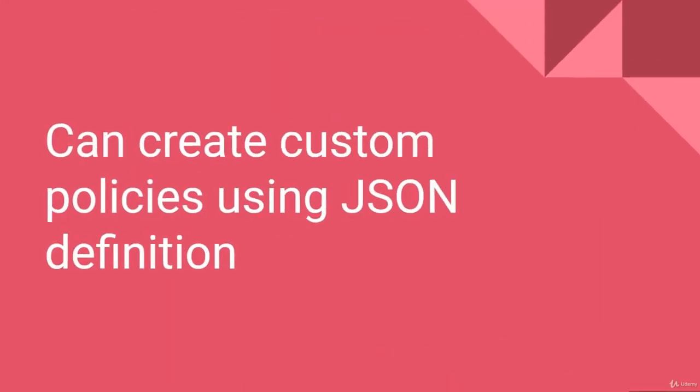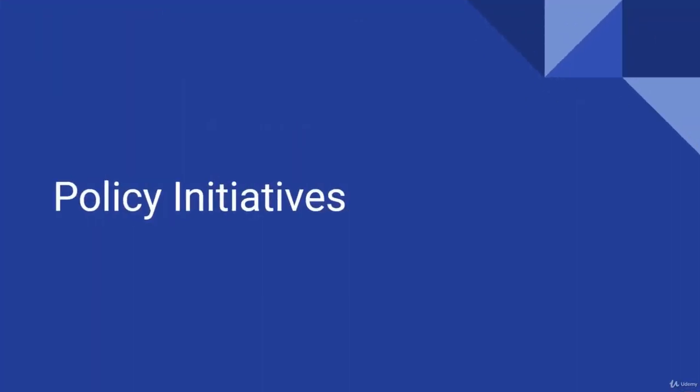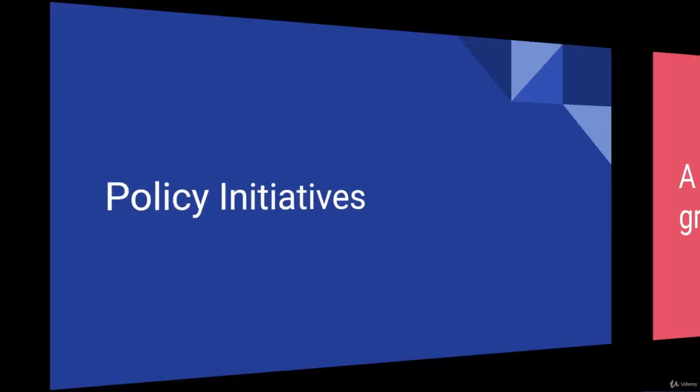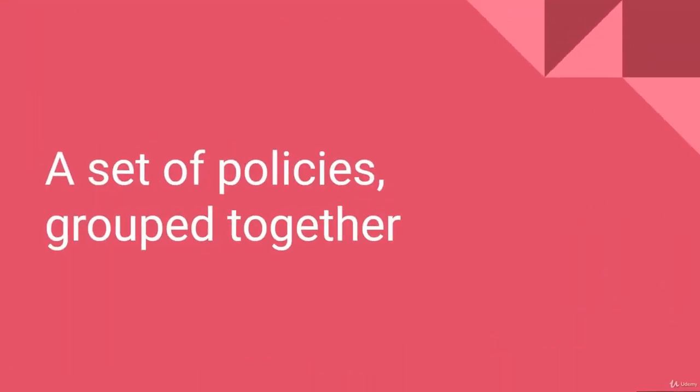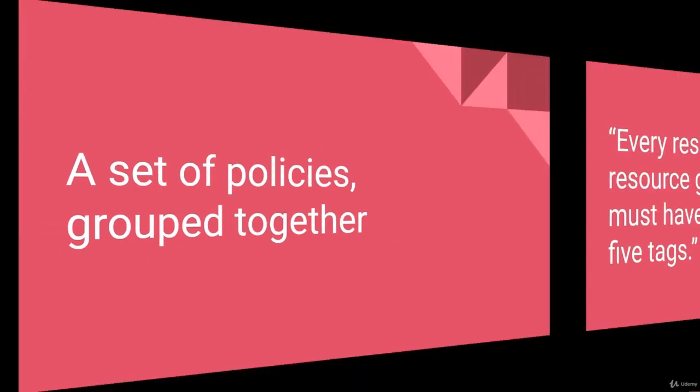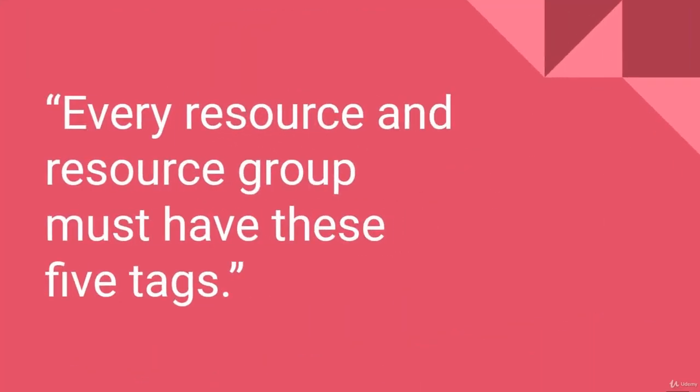Now, that's just built-in policies. If you want to get into it, you can create your own JSON policies that define some really unique things. It's like an if-then type statement, right? Microsoft announced this concept of initiatives, policy initiatives, which are basically groups of policies that are set together and can then be assigned together. So we talked about how tags are often used for billing. So maybe there are 2 tags or 3 tags or 4 tags that need to be present.